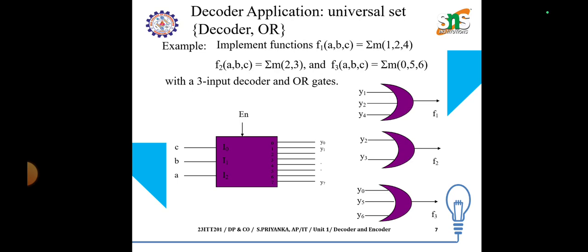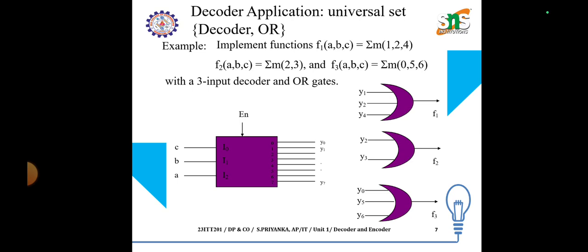Here the first OR gate consists of y1, y2, y4. It is f1. The next OR gate is y2, y3. That is f2. Finally f3 is 0, 5 and 6, that is y0, y5 and y6.